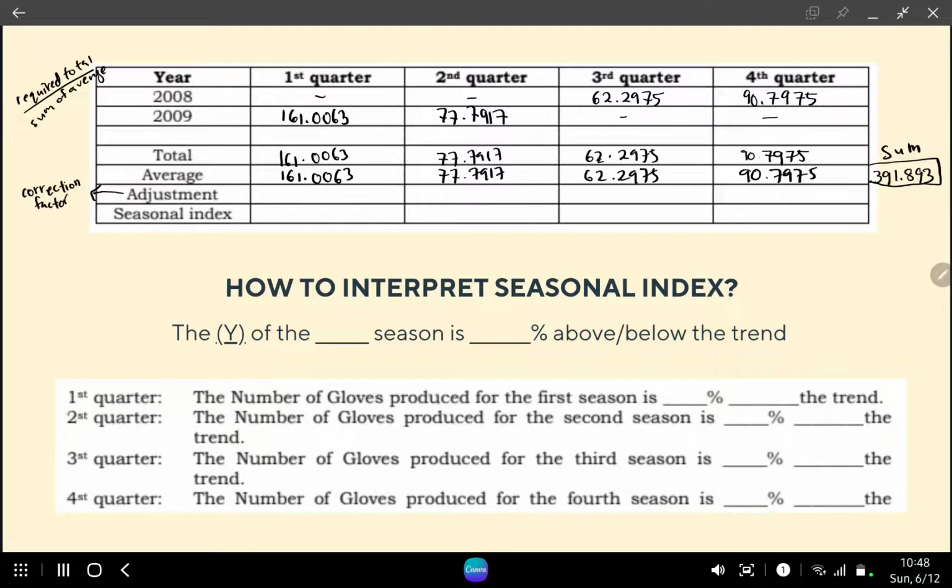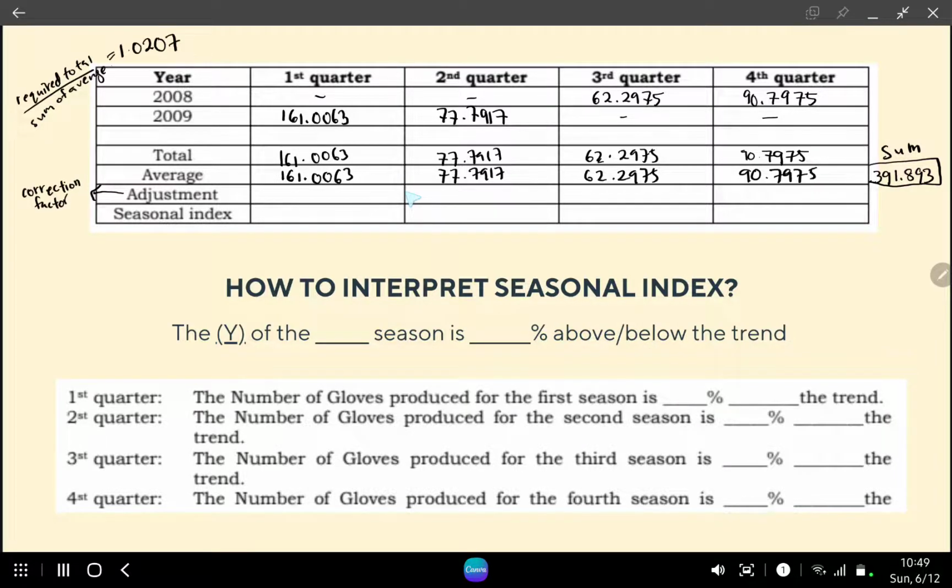Our required total is 400, divided by our sum of average, which is 391.893. So it is equal to 1.0207. Okay, that's the value of our adjustment.